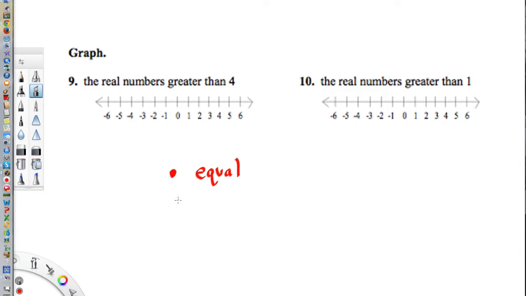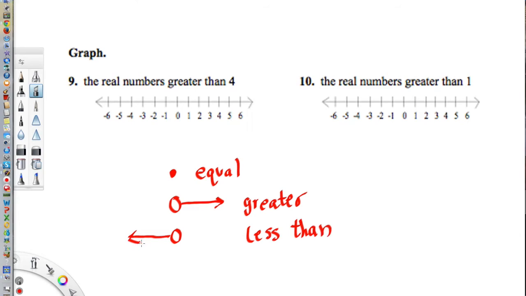If it is greater than, we would have an open circle with a ray pointing in the direction of the numbers going up. If it would be less than, it would be an open circle with a ray pointing to the left because the numbers are descending.